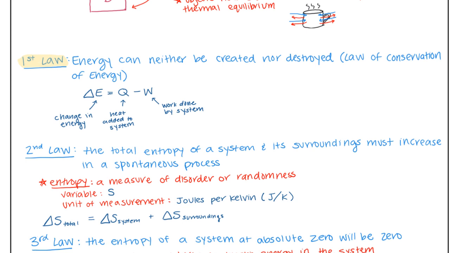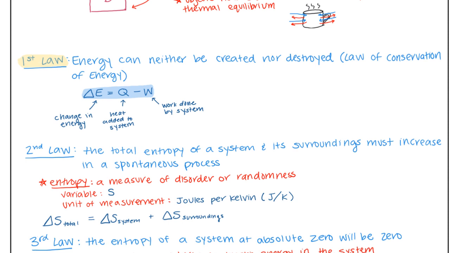Now, we're going to take this one step further in this video because our first law of thermodynamics gives us this equation, which states that the change in energy is equal to the heat added to that system minus the work done by the system.